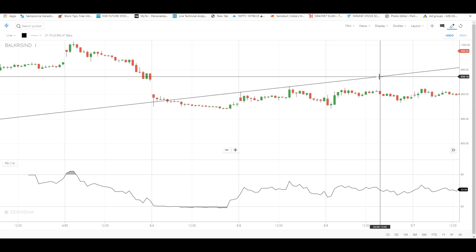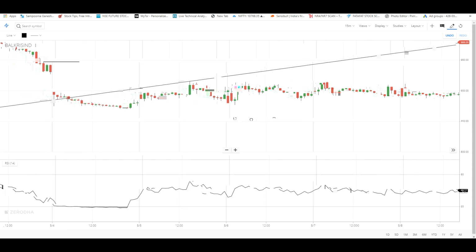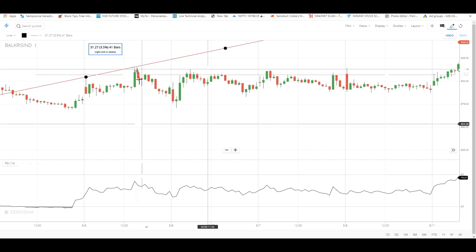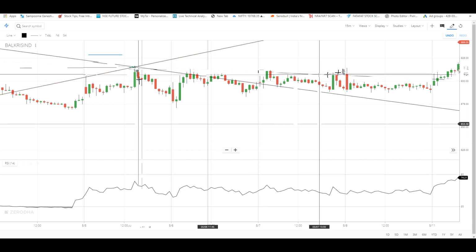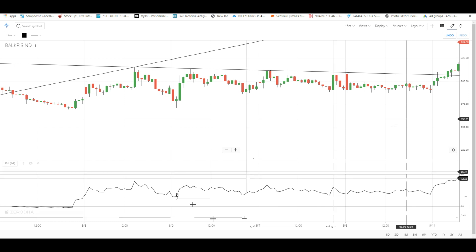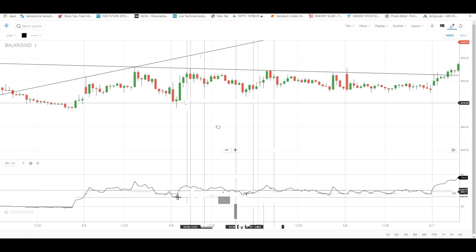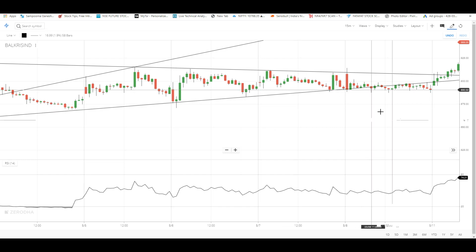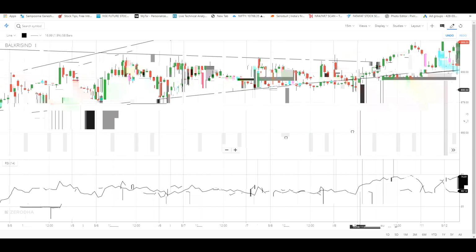Then we have these two swing lows also, okay. So we connect this swing low and another one here, and it has basically given a triangle.